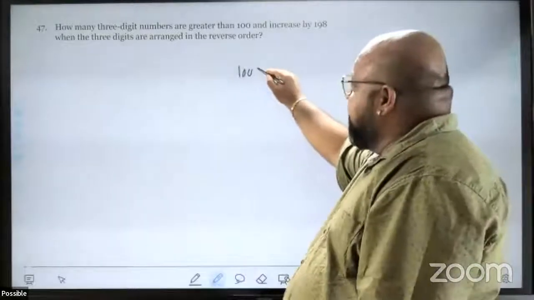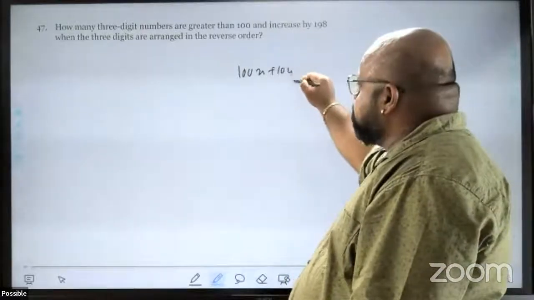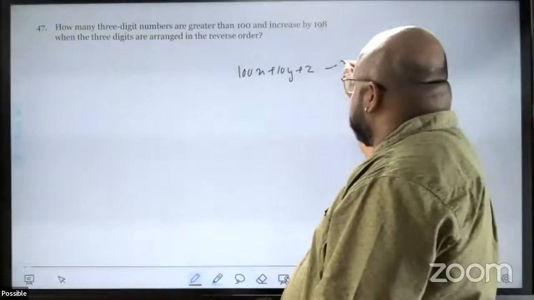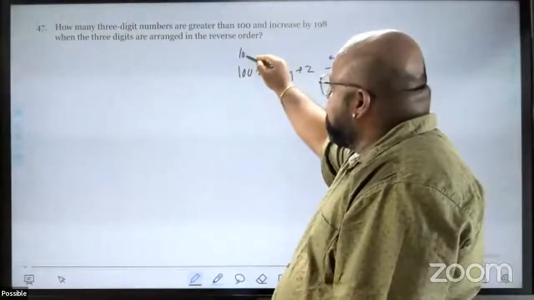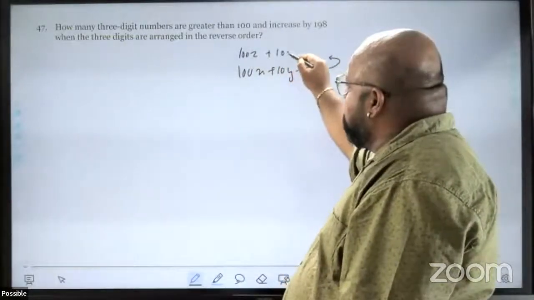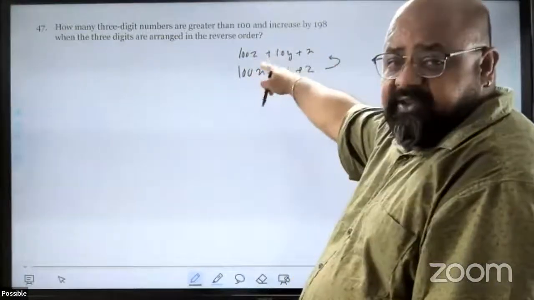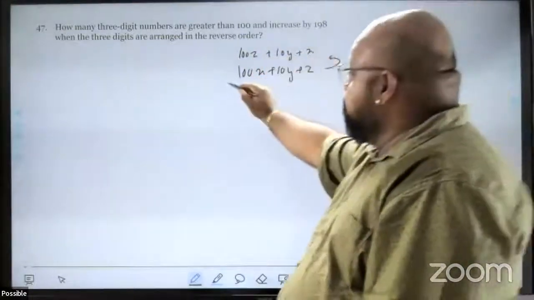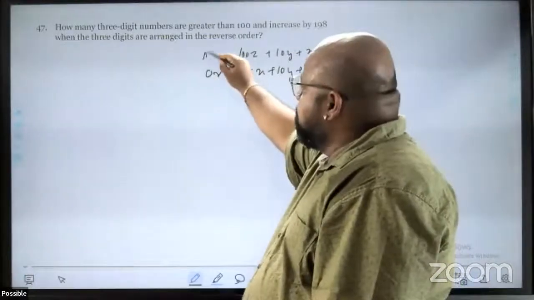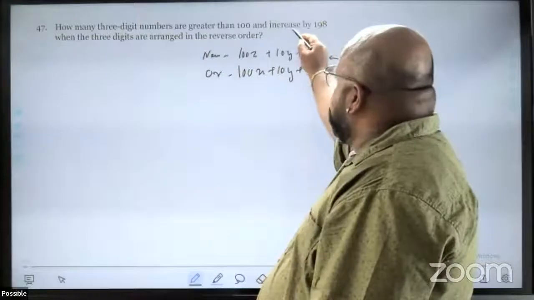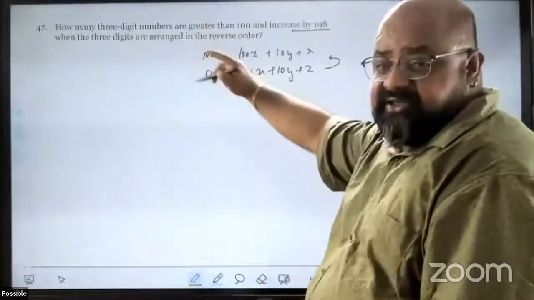100x plus 10y plus z. If I reverse this, it will become 100z plus 10y plus x. And it is said that the difference between these two is 198. So the original number and the new number, the new number increases by 198 when the digits are rearranged.